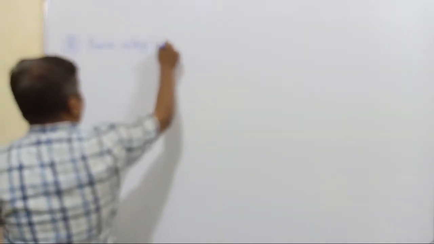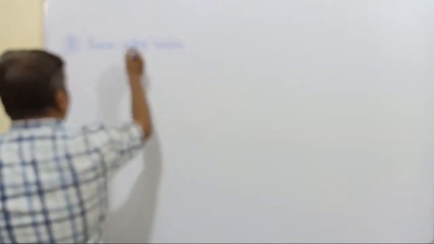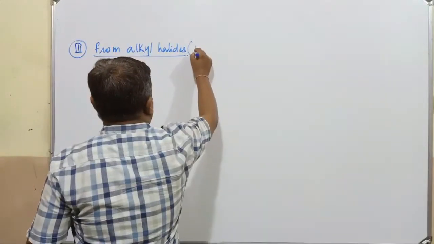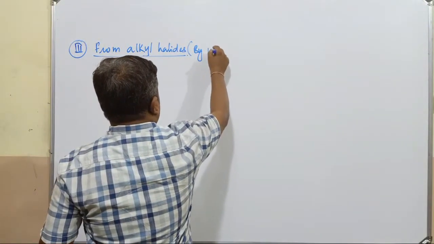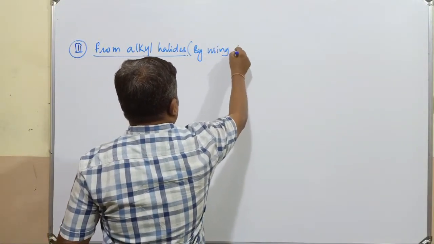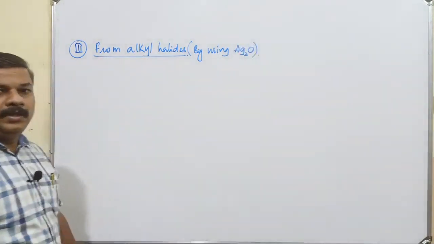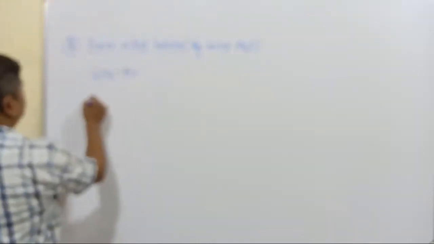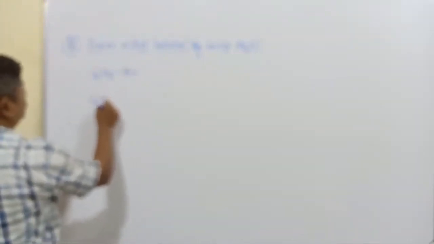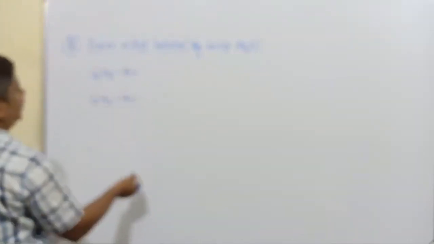In this method with alkyl halides, we have to use silver oxide, Ag2O. So this is C2H5Br, right? It is another molecule of ethyl bromide.